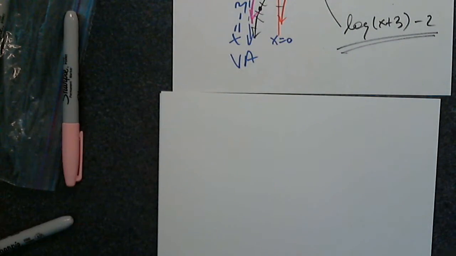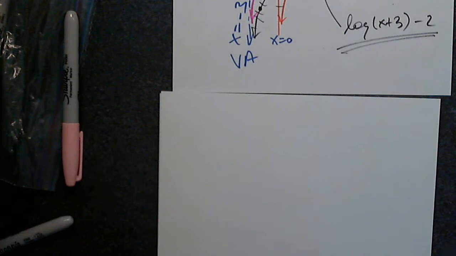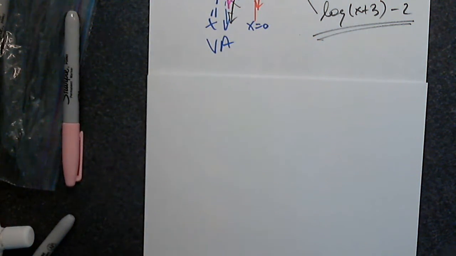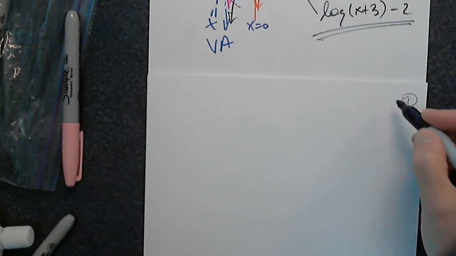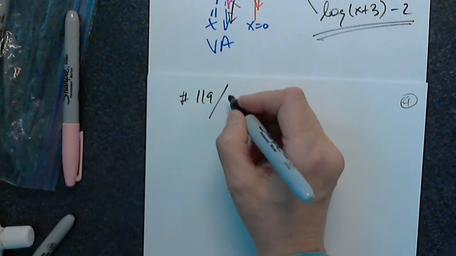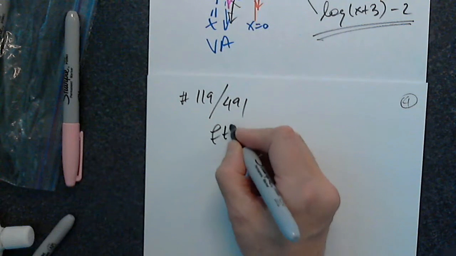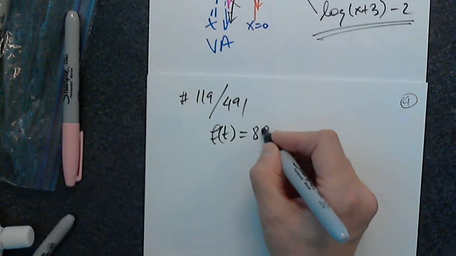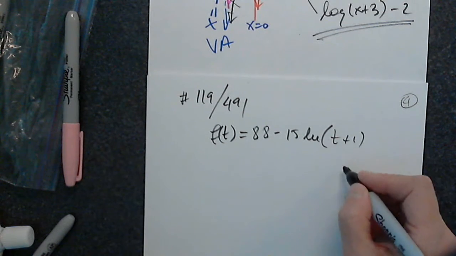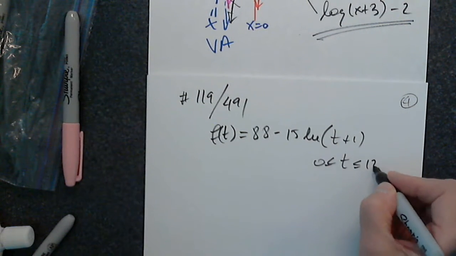So let's copy the function. So this is problem 119 on page 491. We have f of t, it's 88 minus 15 natural log of t plus 1, and t is between 0 and 12.